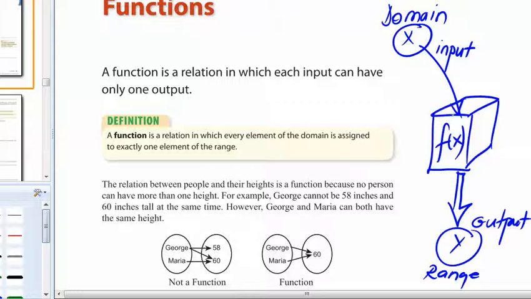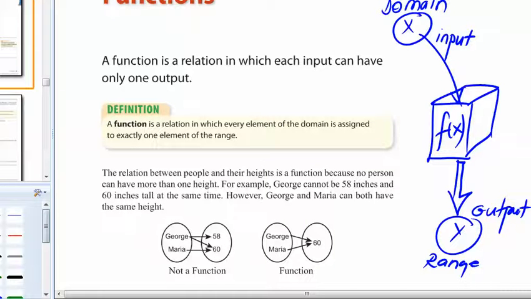Think about the magic hat. You're the magician. If you put in a white rabbit, whatever you pull out of the hat, let's say a pink elephant, will always be the output for your white rabbit. You drop the white rabbit in the hat, you pull out the same pink elephant all the time.